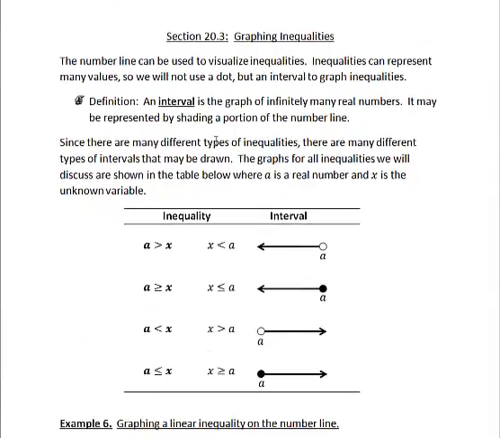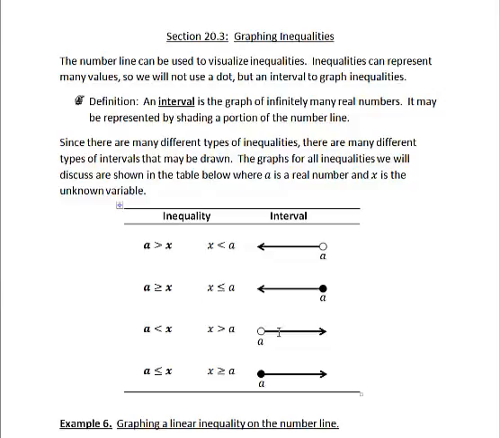Okay, when we first started talking about numbers, fractions, whole numbers, negative numbers, integers, we talked about how to plot them on a number line. Well, with an inequality, several numbers can satisfy one particular inequality. So we're no longer just simply plotting points on a number line.